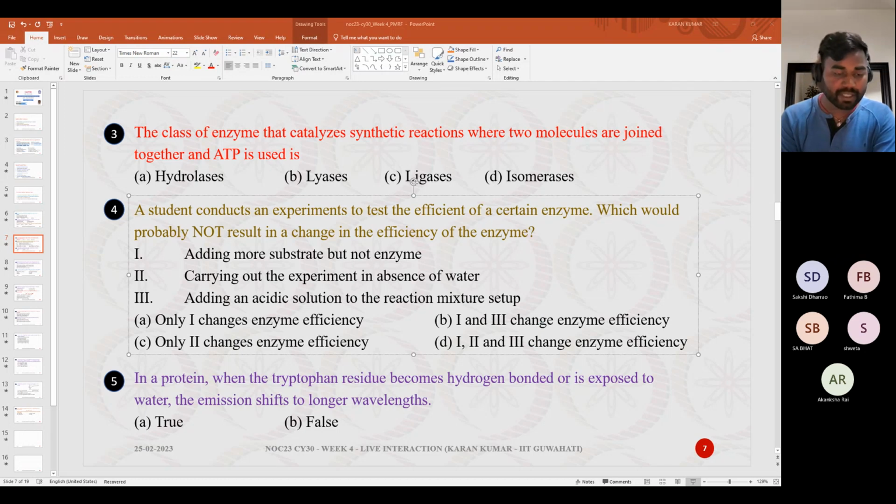It will operate at a different pH also, but the efficiency will not be as much as at its optimum pH. So adding the acidic solution does not mean the enzyme will be denatured, but the change in pH causes the loss of enzyme efficiency. So yes, it will affect.